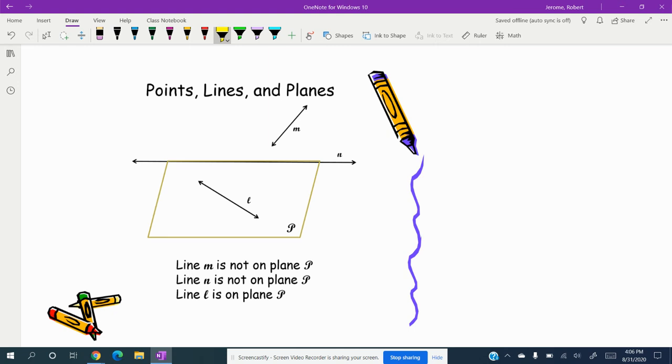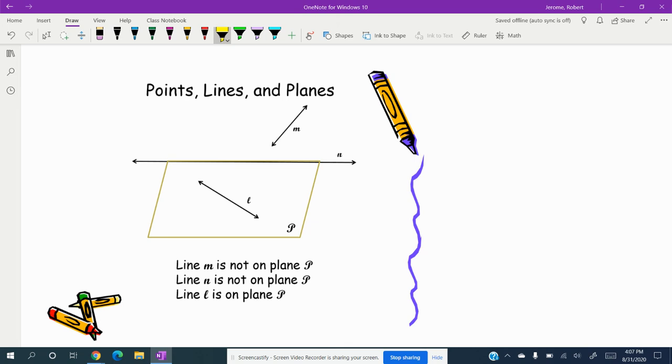But if you look at line N, it looks like it's along the edge of the plane, but planes don't have edges. So that's a problem. What we want to do is avoid this. As soon as you see the drawing go past the edge of the plane, so you can see where it looks like it's drawn past the boundary or the edge of the plane, that means it's not on the plane.